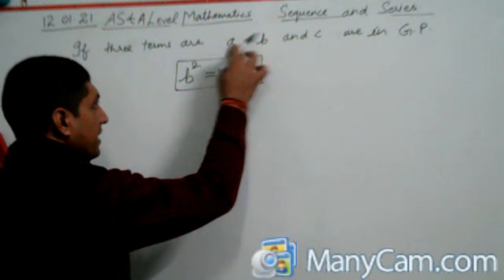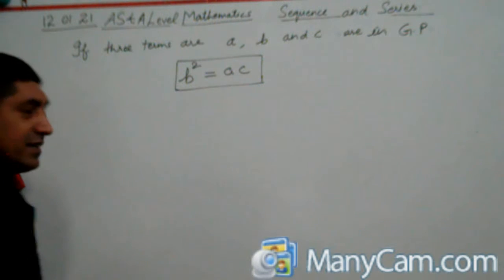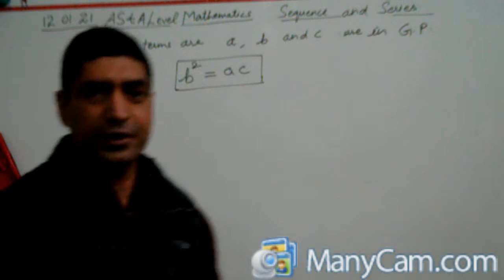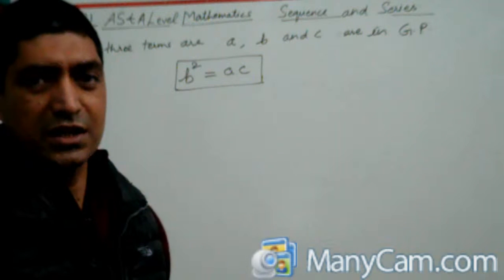If three terms A, B, and C are in geometric progression, then always the square of the middle term is equal to the product of the extremes, A into C.